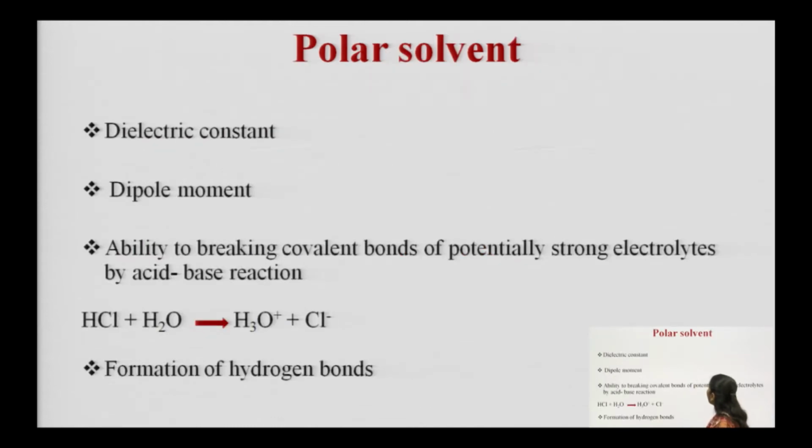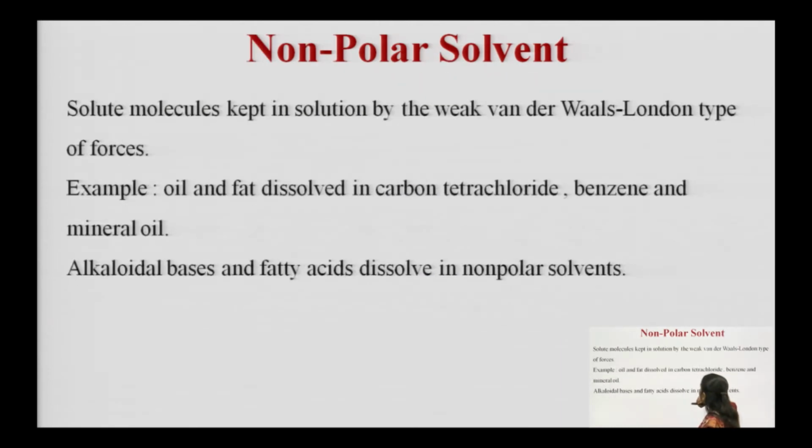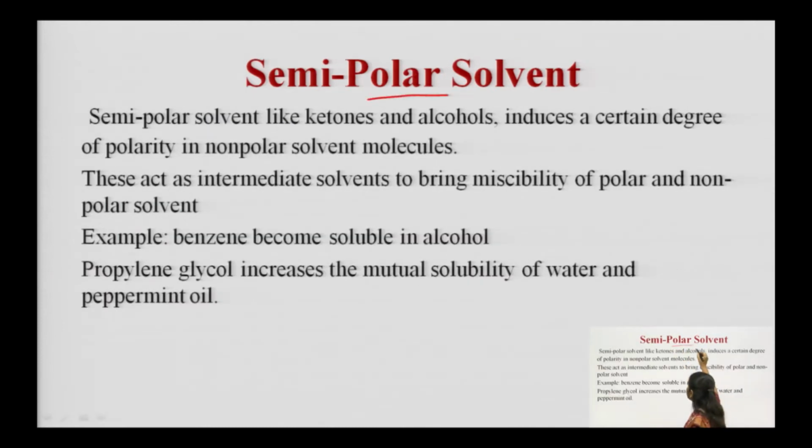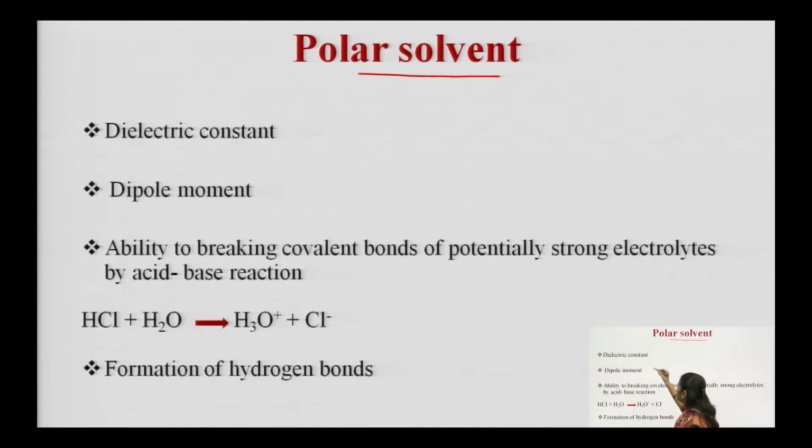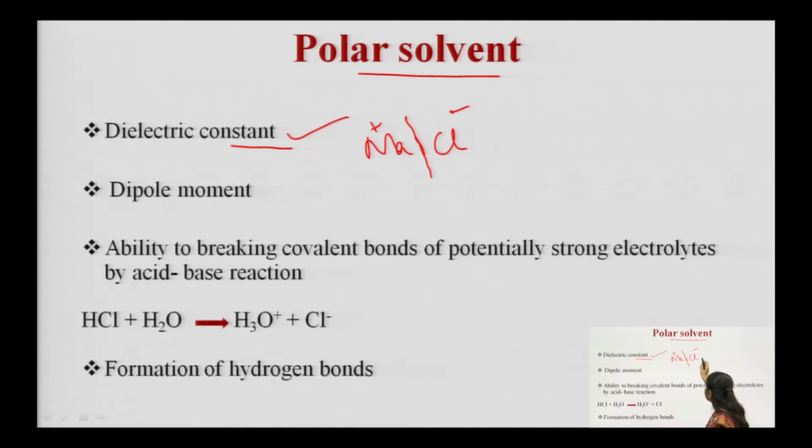Then the different types of solvents. There are polar solvents, non-polar solvents and semi-polar solvents. To begin with, polar solvents have a high dielectric constant, as we have already studied. Due to this high dielectric constant, they are able to break the force of attraction which exists between opposite charged ions in ionic compounds.